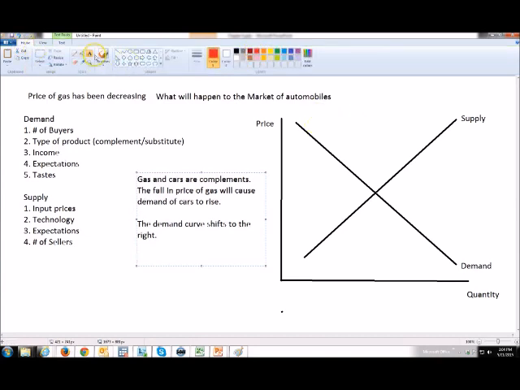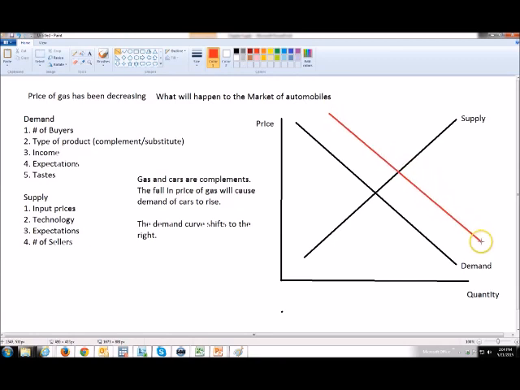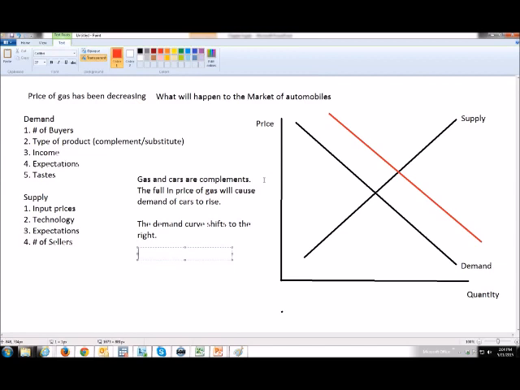And so we shift the demand curve to the right, to the red one. So now, after that happens, what's going to happen to price and quantity? So we can write that.